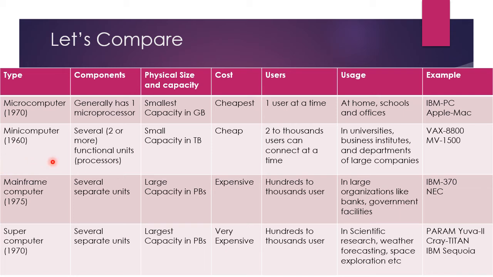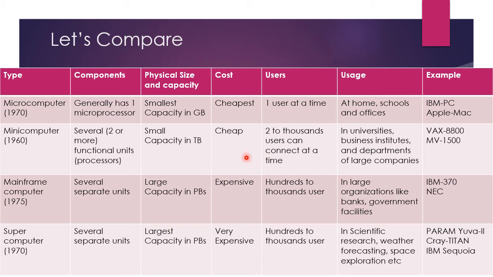Mini computer. Mini computers' history goes back to 1960. They started making mini computers in 1960. Multiple components are there. They have two or more processing units or processors. Again, the physical size is small and the storage capacity is in terabytes. They are cheap.